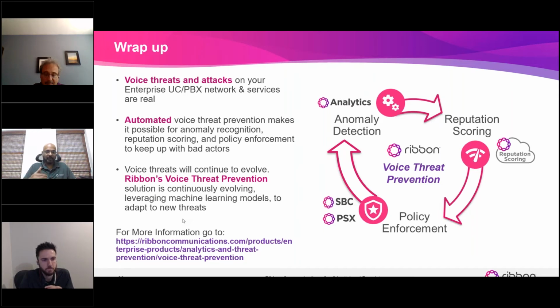Now, what we need to add on top of that is reputation scoring, which, as I said, is a Ribbon managed service. It's a SaaS service, and that's where we bring in the local information and the global intelligence and come up with the real-time scores. So if you want to take action or even get alerts on a real-time basis, you need to put reputation scoring on top of analytics to provide that holistic solution.